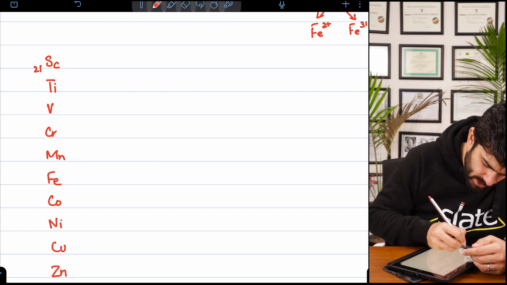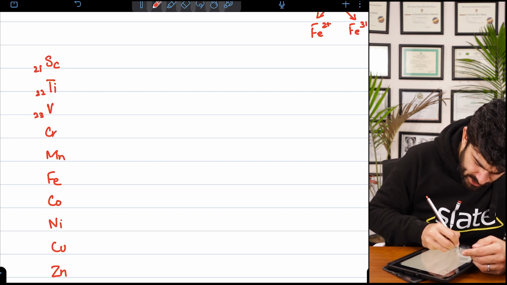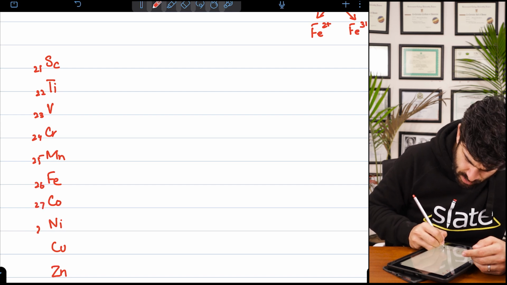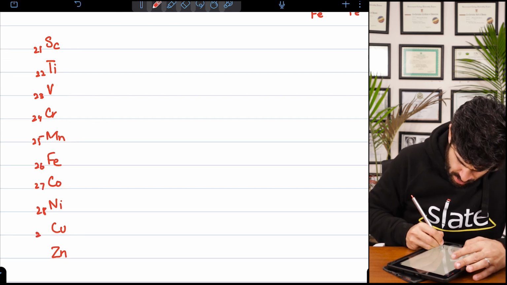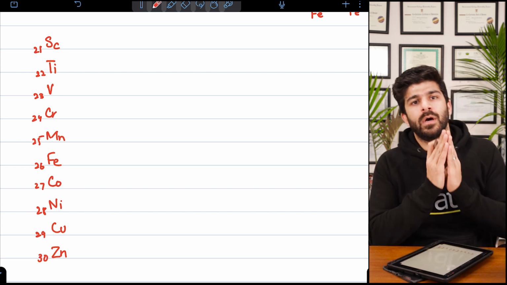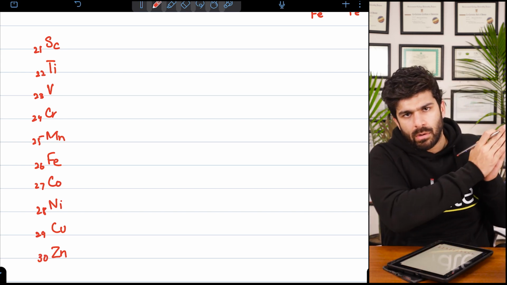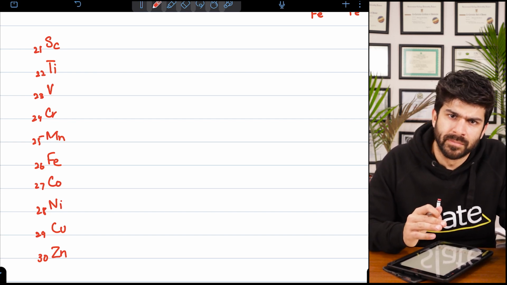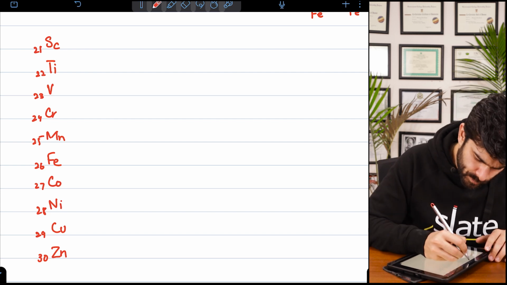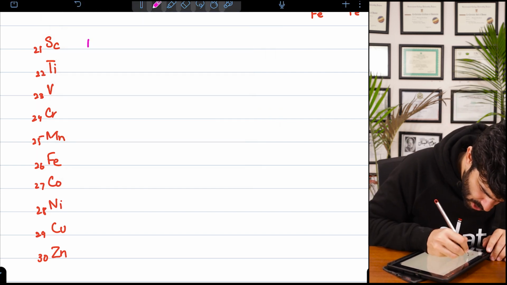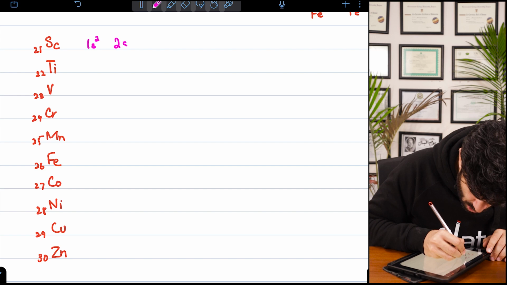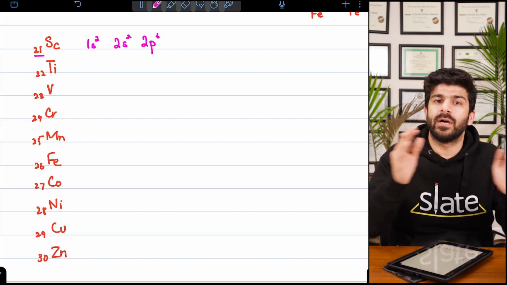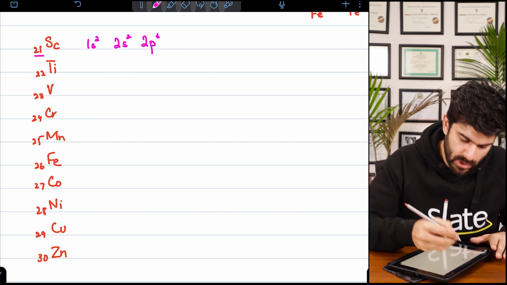So this is 21, 22, 23, 24, 25, 26. Let's make a full electronic configuration for scandium. Let's start from the first: 1s2, 2s2, 2p6. Remember, we have to accommodate 21 electrons.